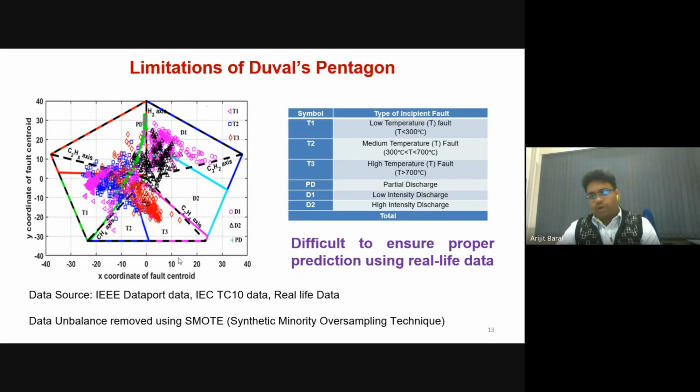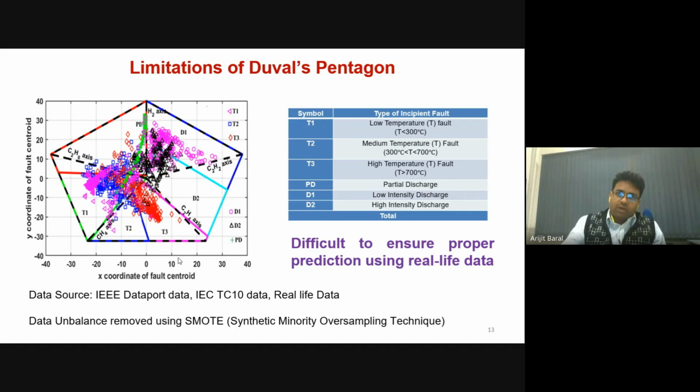Now, the next problem that needs to be considered here before we go further is, what is our constraint? We are not allowed to open up the transformer to inspect what type of incipient fault is actually present. We are only trying to predict the incipient faults present in the transformer by an indirect assessment, by analyzing what type of gases are present in the oil.